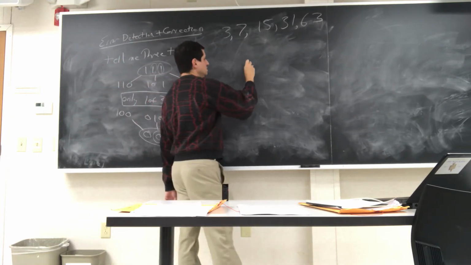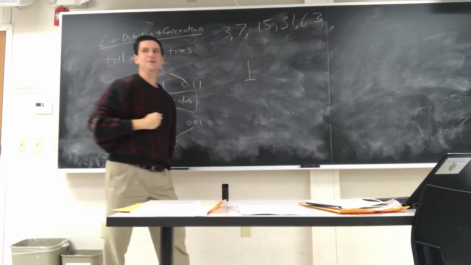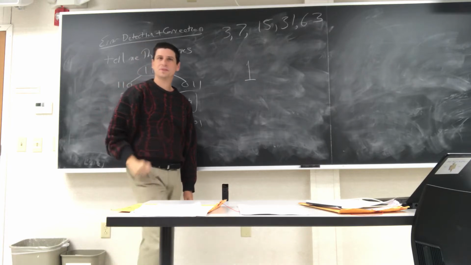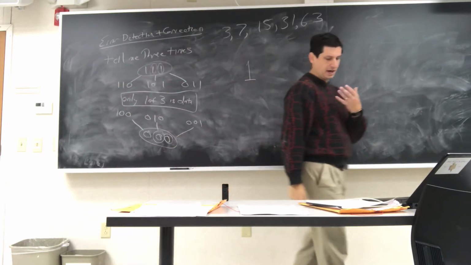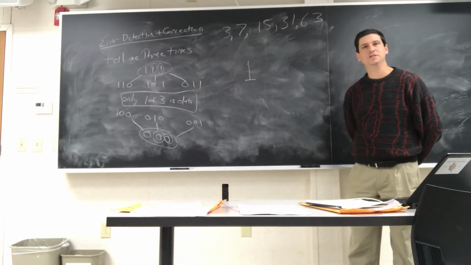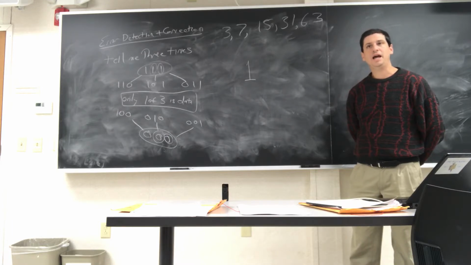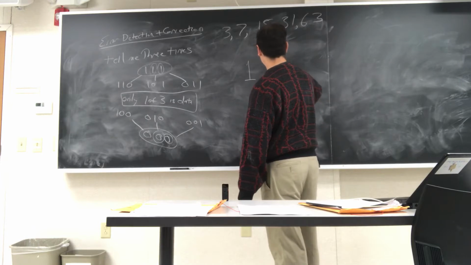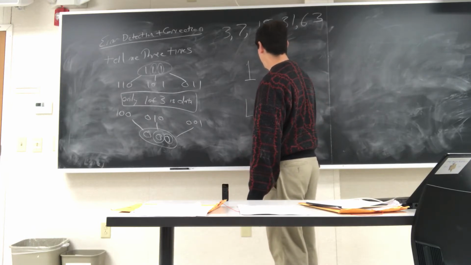Let's look at the "tell me 3 times" idea in a better way. And again, I think this is a much better way of presenting the material. I'm going to add some parity bits. I'm going to add a parity bit here. I'm going to add a parity bit here.